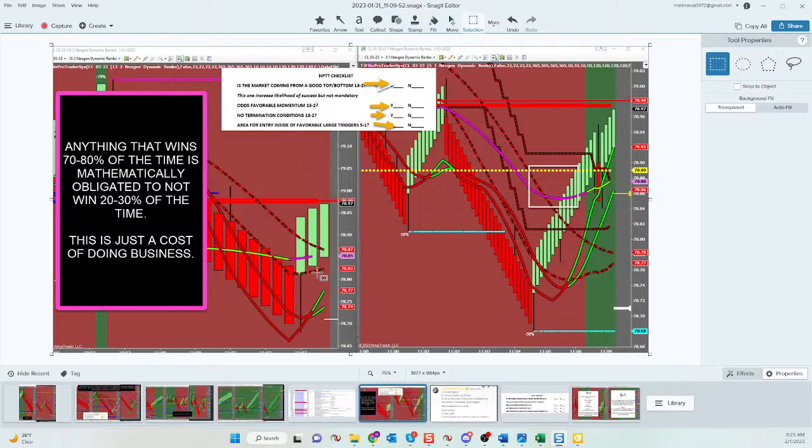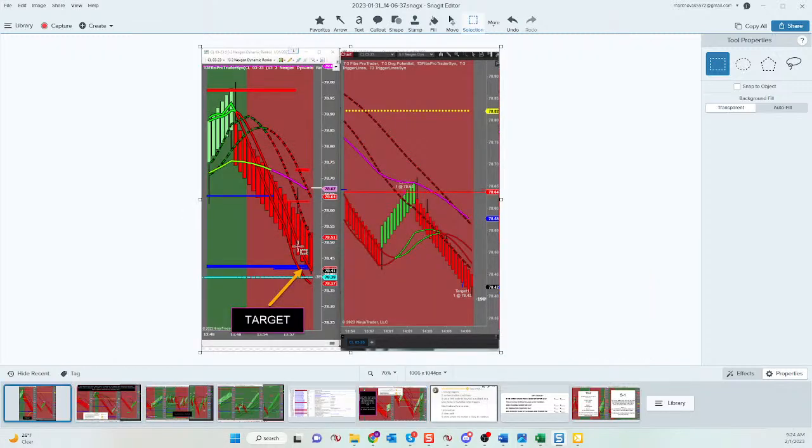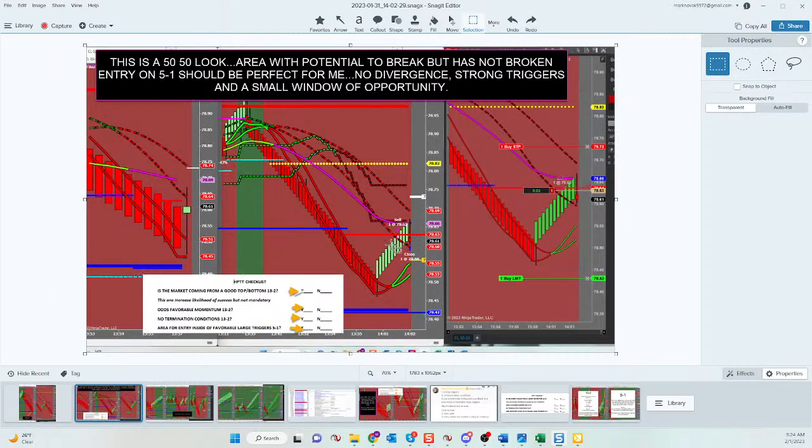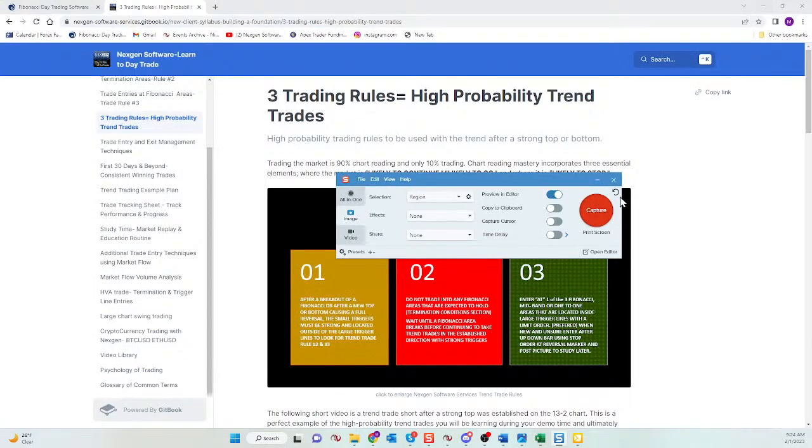Because this one fit the rules beautifully and didn't win. And then this is the exact same look later that afternoon, and it goes straight to the target. The confidence that you build in the rules will allow you to take this entry even after a loser because you've developed that trust. So let's get through the rules and let's talk about them.